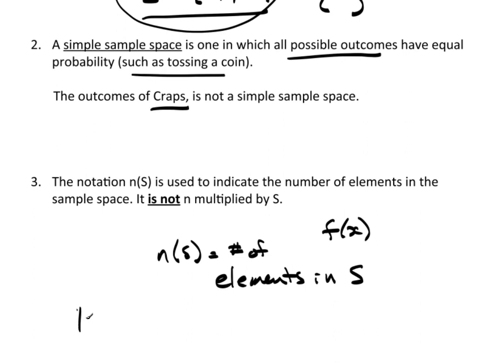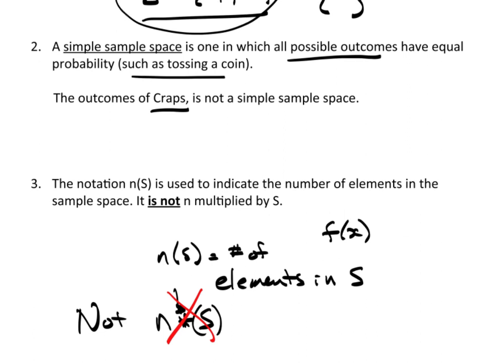This is not n times s. This is not multiplication. That's a big no-no. It's a very common mistake. It simply refers to, as function notation, the number of elements in S.